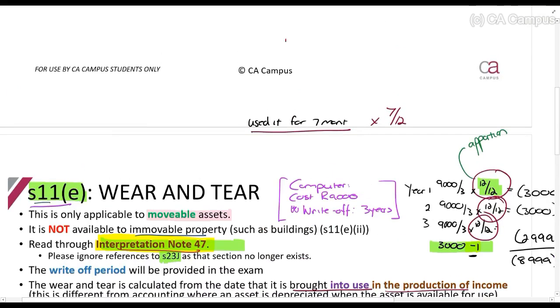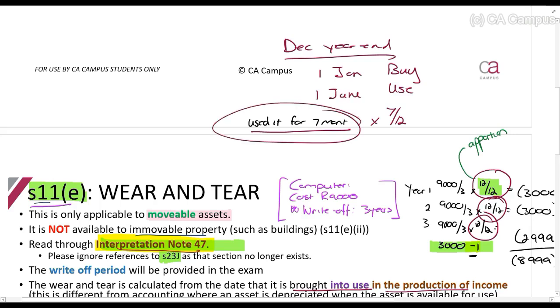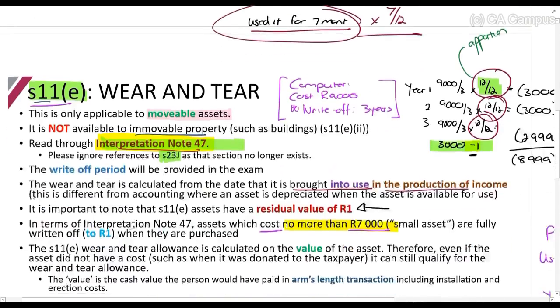Let's say this taxpayer has a December year end, right? You buy this asset on the 1st of Jan, but you start using it from the 1st of June. Then you would have used it for 7 months in the year, times 7 over 12. But it might be available for use from the 1st of Jan for accounting purposes. We don't care about accounting in tax.